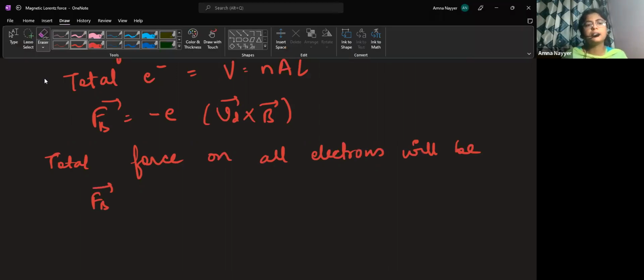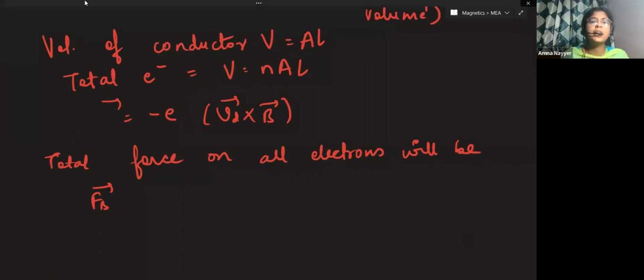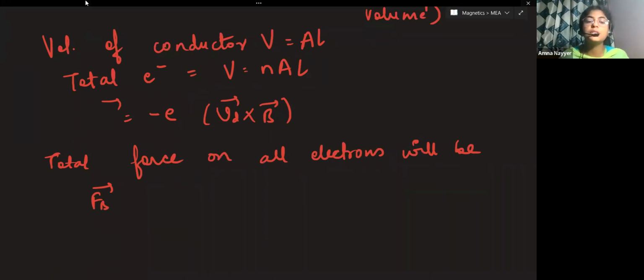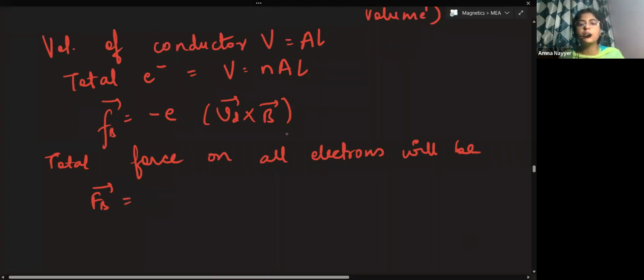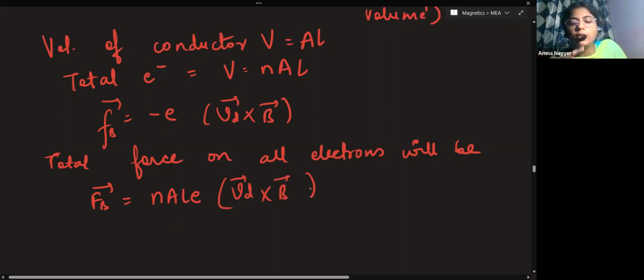Let me write small f for this, so that you understand this force was not the total force. This was the force on a single electron. So total force will become nALe, then Vd cross B. If you put in the value for all the electrons that are present, that becomes nALe Vd cross B.